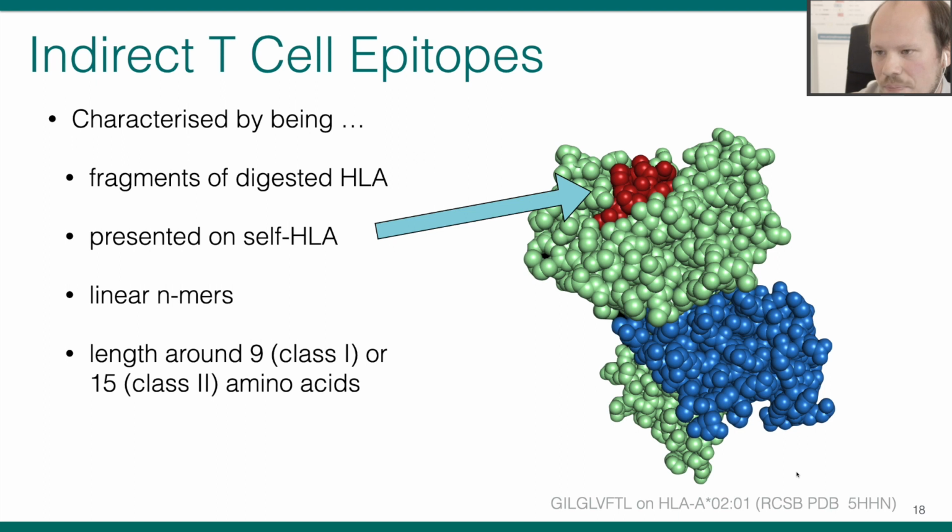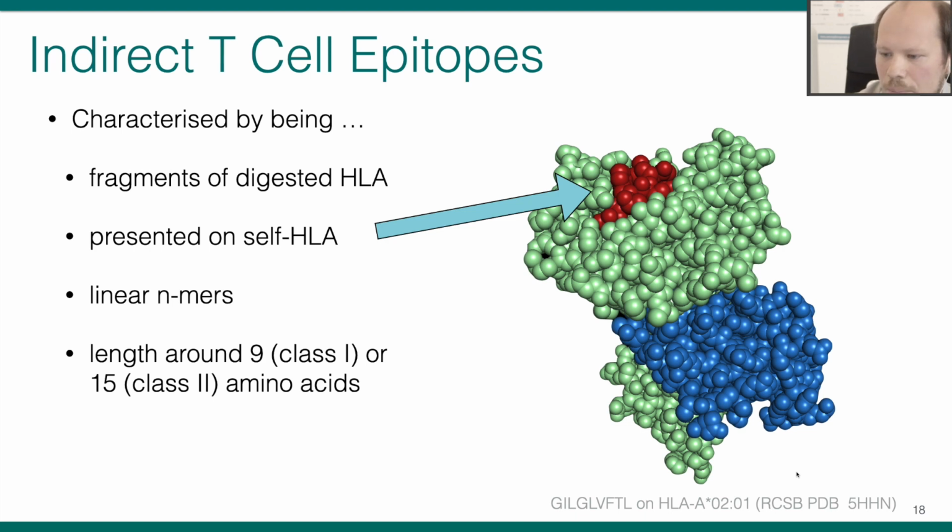So that means the actual T-cell or indirect T-cell epitope, you won't necessarily find it on the surface of the foreign HLA, but it will be presented in the binding groove of your own HLA, or on the reactive immune system's HLA actually.